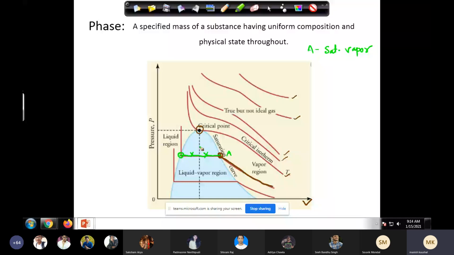If I say C contains saturated vapor plus saturated liquid, any point C, and if I call this point B, then B is saturated liquid. Then further you can compress it.